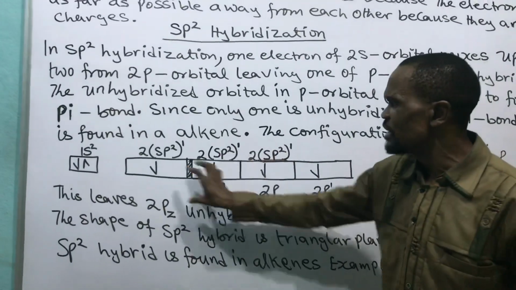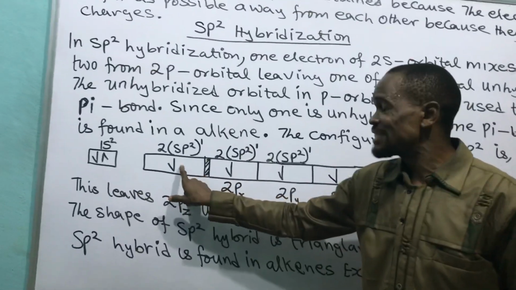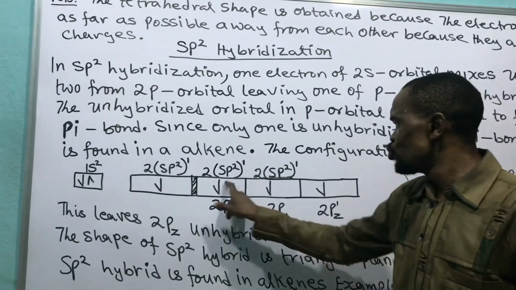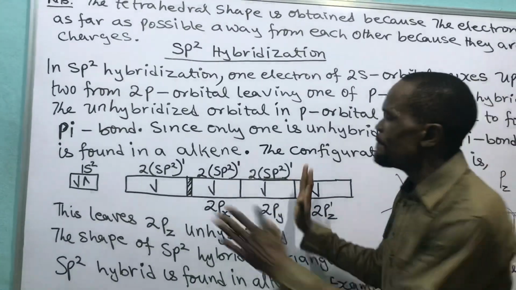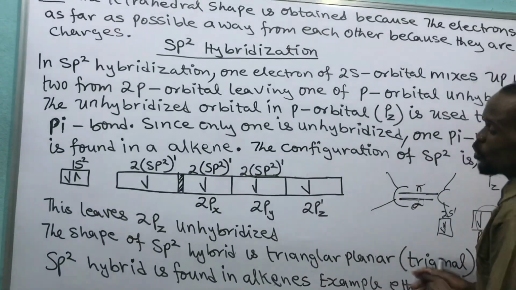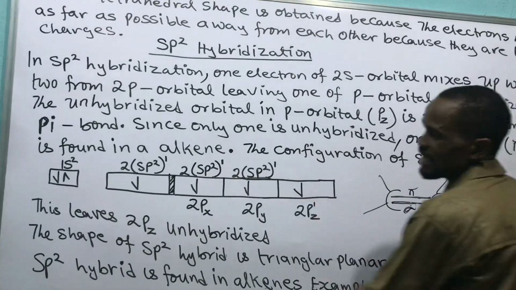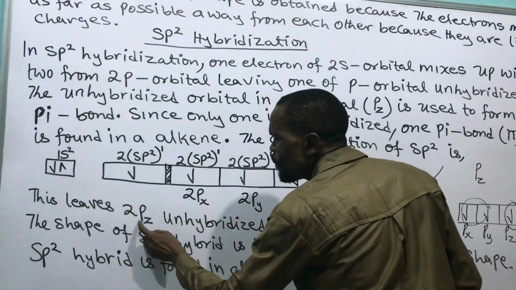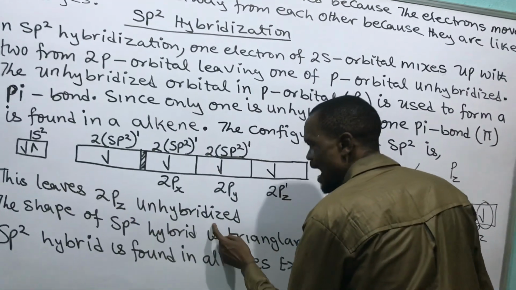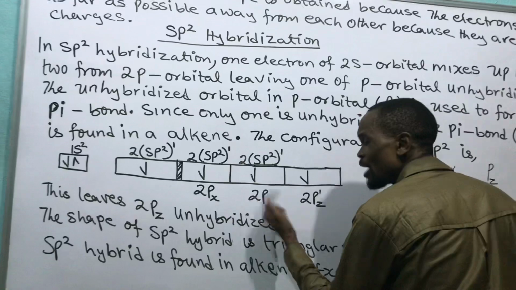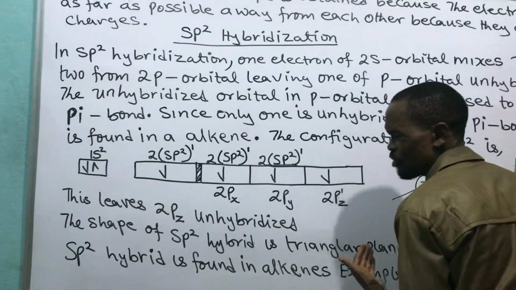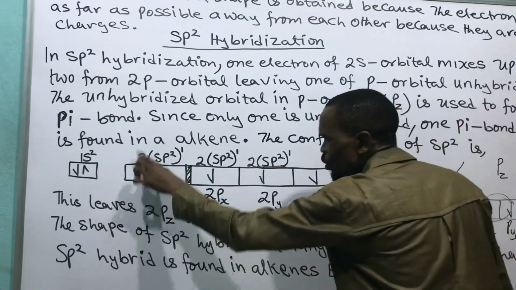The only ones used are 2s and two 2p orbitals. They mix up to form sp2, leaving 2pz unhybridized. Have you seen it? We didn't make use of it.